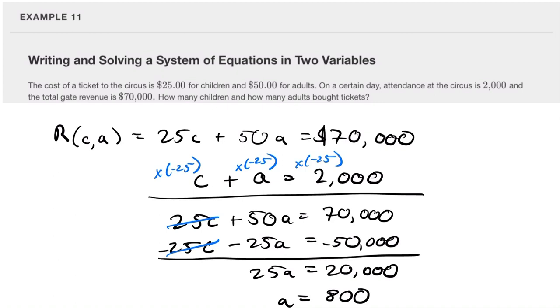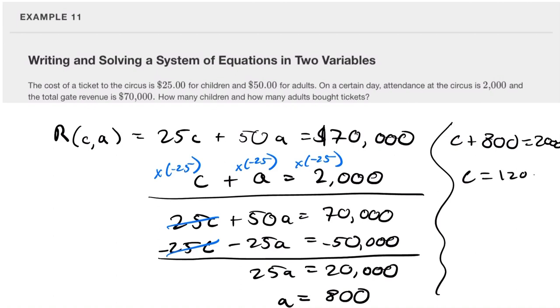Okay. If we have 800 adults, then C plus 800 equals 2,000. So then C equals 1,200 children.